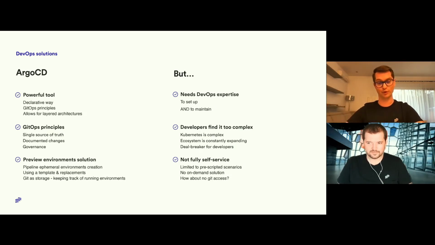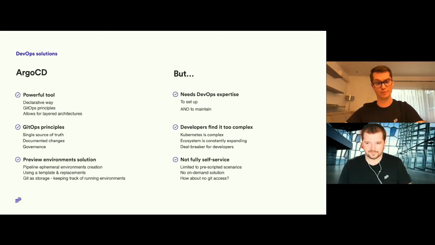And it employs the GitOps principles. Having a single source of truth is really mandatory for reproducibility and for ensuring that things are the same way every time an environment gets deployed.